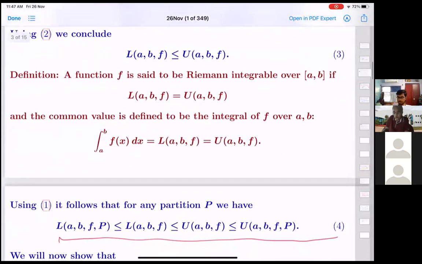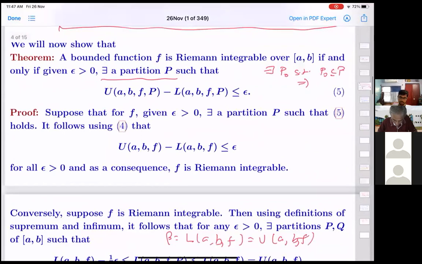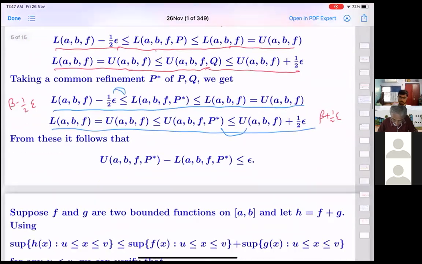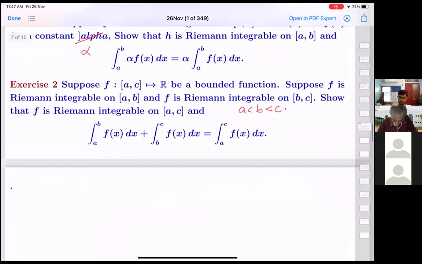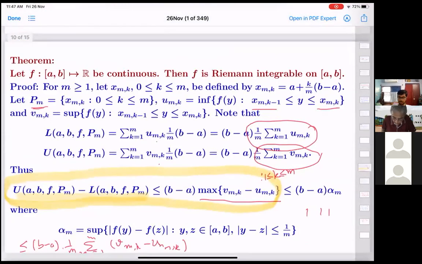Okay, so the main thing is that if you change it at finitely many points, the integrability does not change. Okay, that is fixed. Finitely many points, it doesn't matter. And that automatically shows that you don't have to be continuous to be Riemann integrable, because you can always change it at finitely many points and distort the continuity of the function.